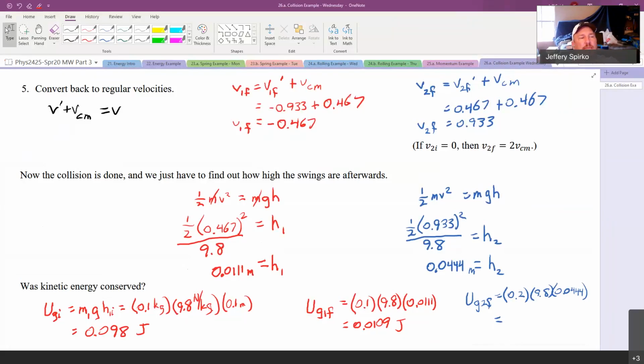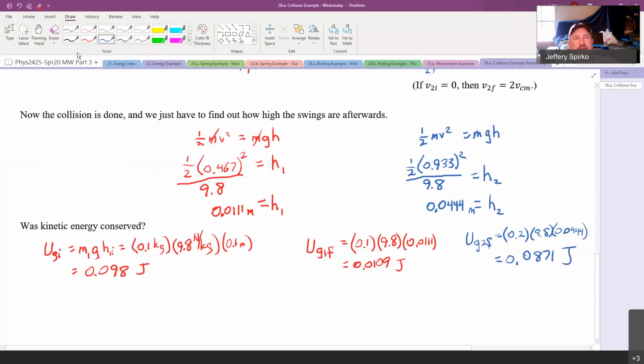So mass 2 times g is 9.8 times the height, and I get 0.0871 joules, and that gives me a total of U final.